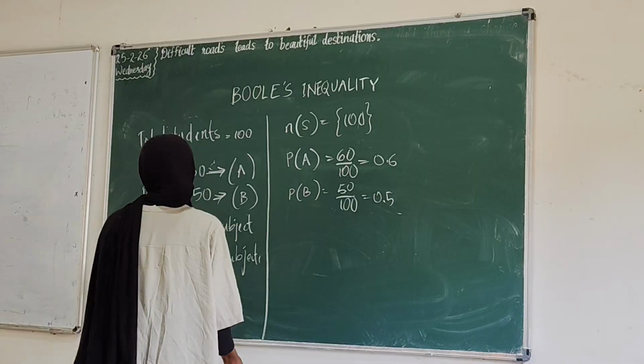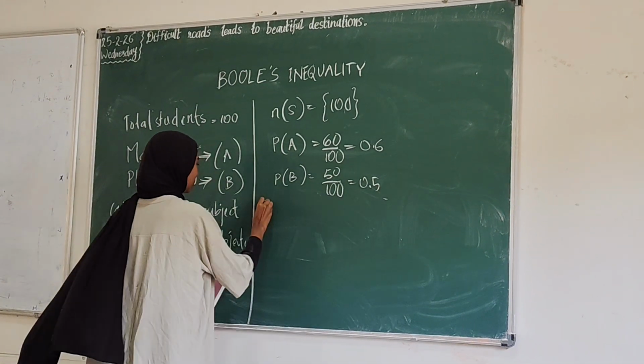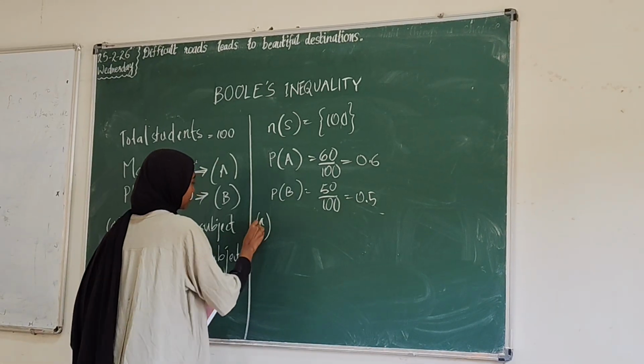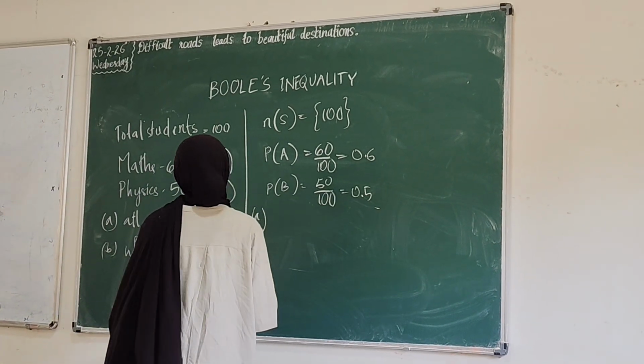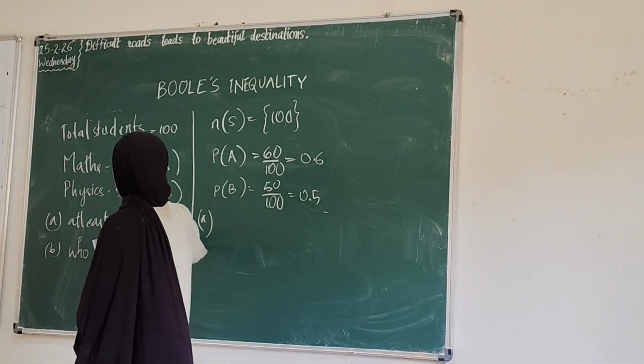So now the first question: at least one of the subjects. To find the number of students who like at least one of the subjects, this is the case of at least one subject.